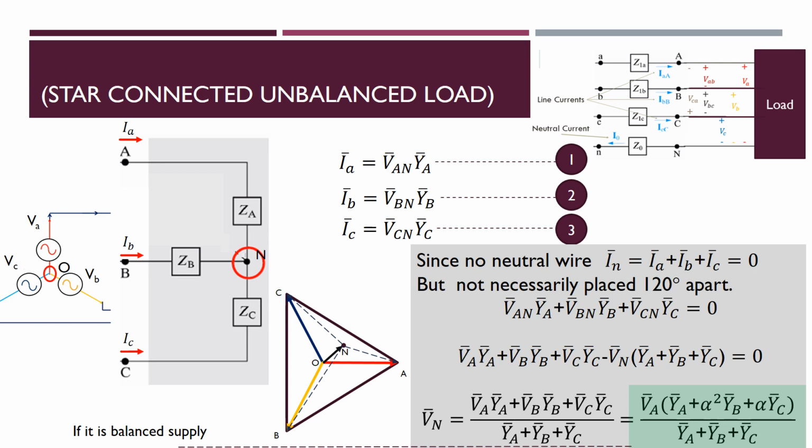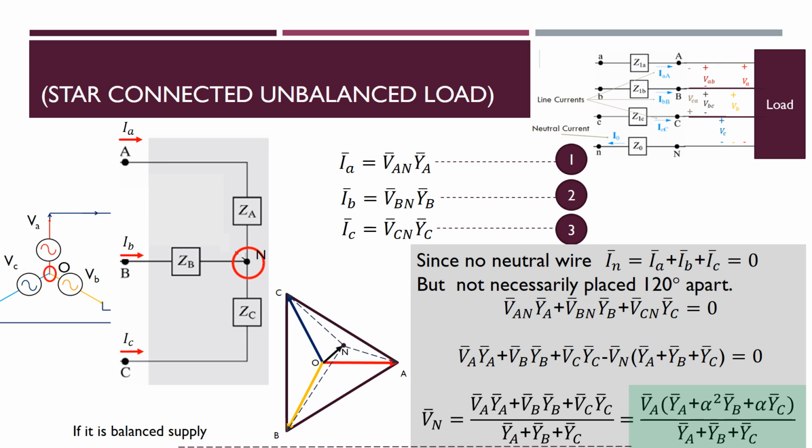If the supply is balanced, then VA, VB, VC are placed 120 degrees to each other and have the same magnitude, so you can write the equation VN equal to (YA plus alpha squared YB plus alpha YC) over (YA plus YB plus YC). So this is the N.